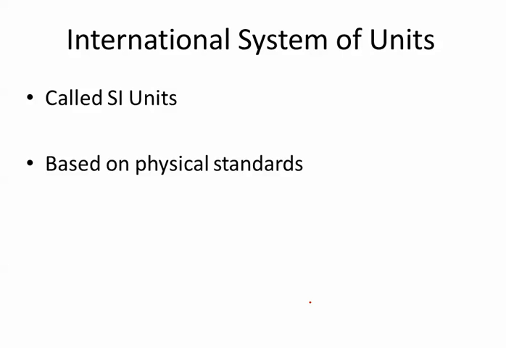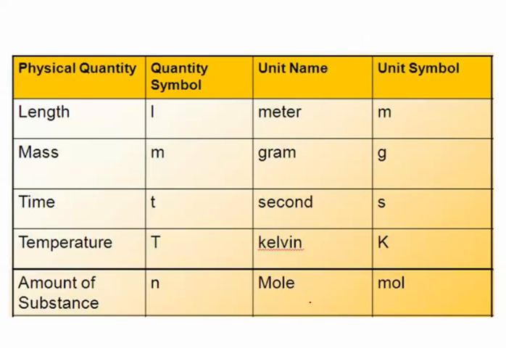The last thing we're going to talk about today is the International System of Units, also referred to as SI units. SI units are a set of units that the international scientists have all agreed to use that are based on physical standards found within the universe. And if you take a look at this chart here, you can see what they are.